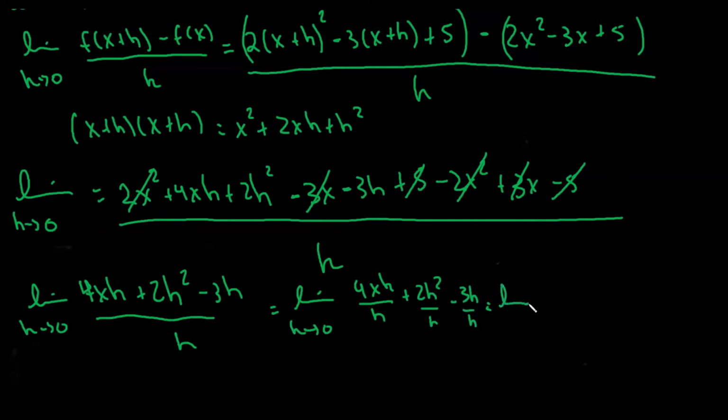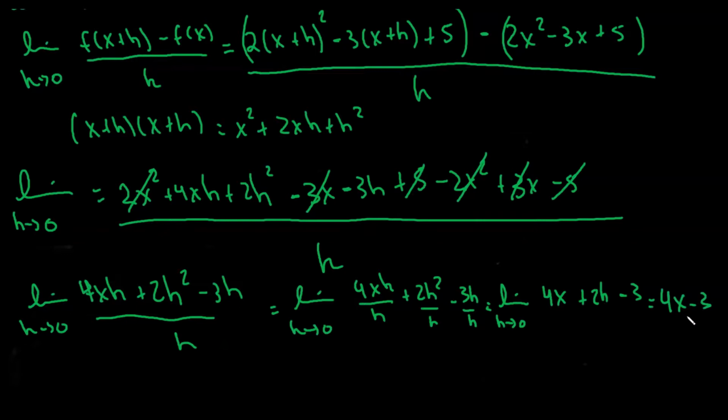So we get the limit as h goes to 0 of 4x plus 2h minus 3. And if we plug in 0 for h, we get 4x minus 3. And that is our answer.